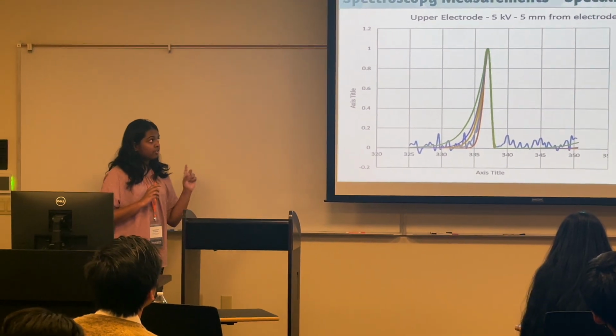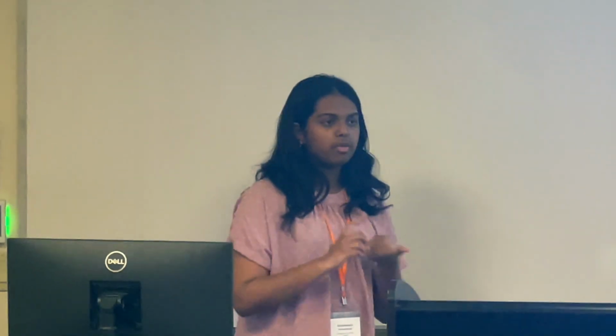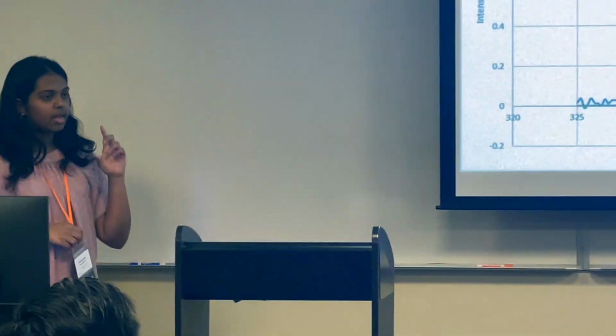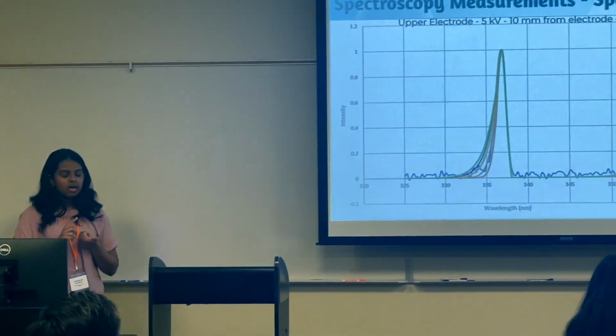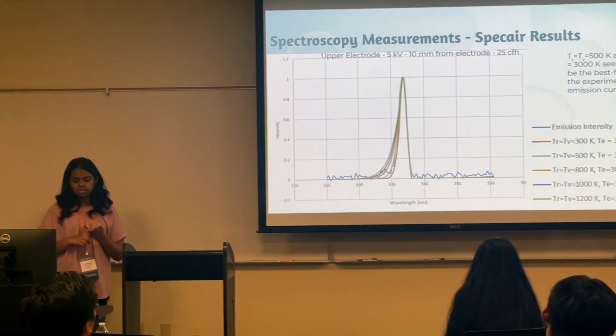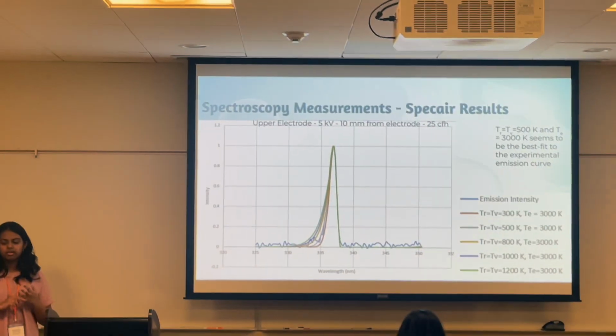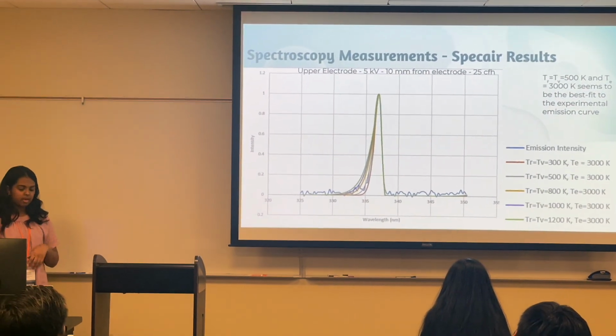For the upper electrode at 5 millimeters from the plasma jet exit, we found that TR equals TV, so the rotational temperature equals the vibrational temperature, equals 600 Kelvin, and 3000 Kelvin for the excitational temperature were generally the best fit. And then for the upper electrode at 10 millimeters from the plasma jet exit, 500 Kelvin for the rotational and vibrational temperatures, and 3000 Kelvin for the excitational temperatures were the best fit.